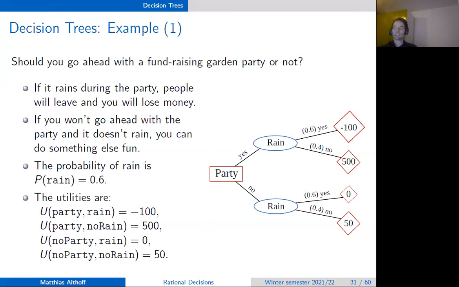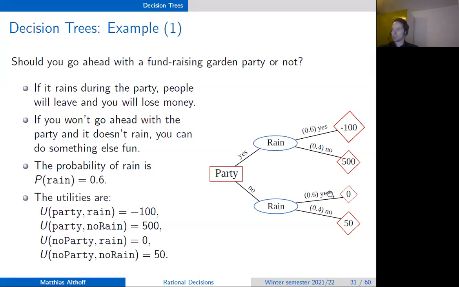Okay, good. So 500 times 0.4, yes, plus minus 100 times 0.6. That's correct. So you always use the probability multiplied with the utility, and then you add up all cases. And the same for no rain.